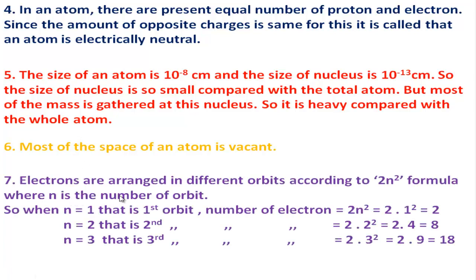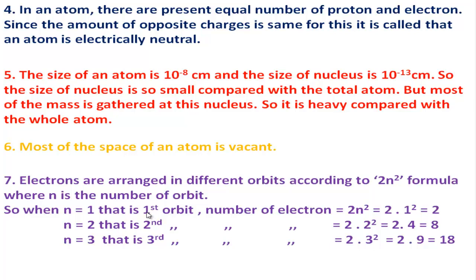Now our last observation is that electrons are arranged in different orbits according to the 2n square formula, where n is the number of the orbit. For example, when n is equal to 1, that is the first orbit. n is equal to 1 means first orbit, that means nearest the nucleus.